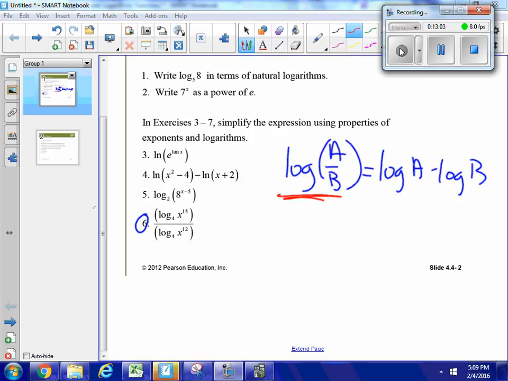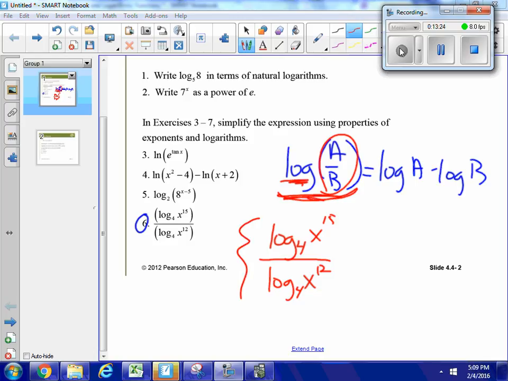This problem is log base 4 x to the 15 divided by log base 4 x to the 12. So you see up here, it's one logarithm, and the argument of the logarithm is a quotient. Here, I have a quotient of two logarithms.